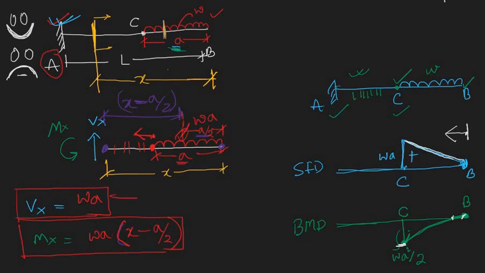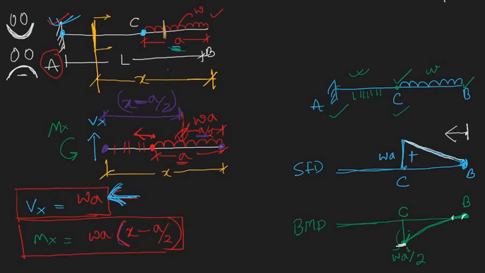From this equation you can see that the shear force is constant from point C to point A, and the value is simply W times A. And what is the sign?